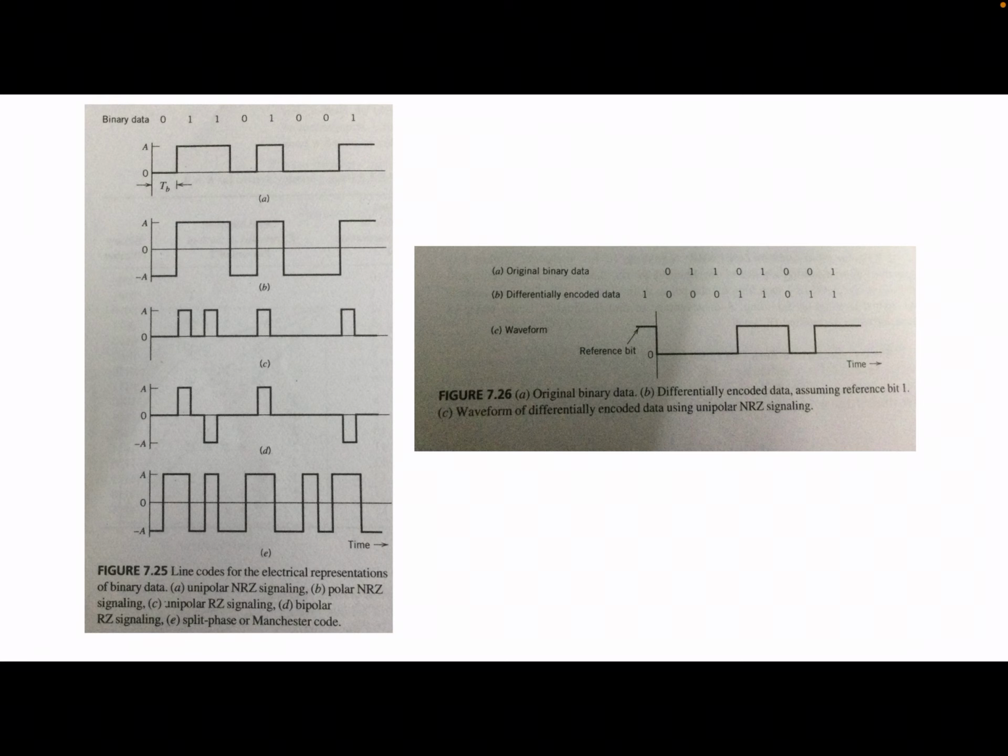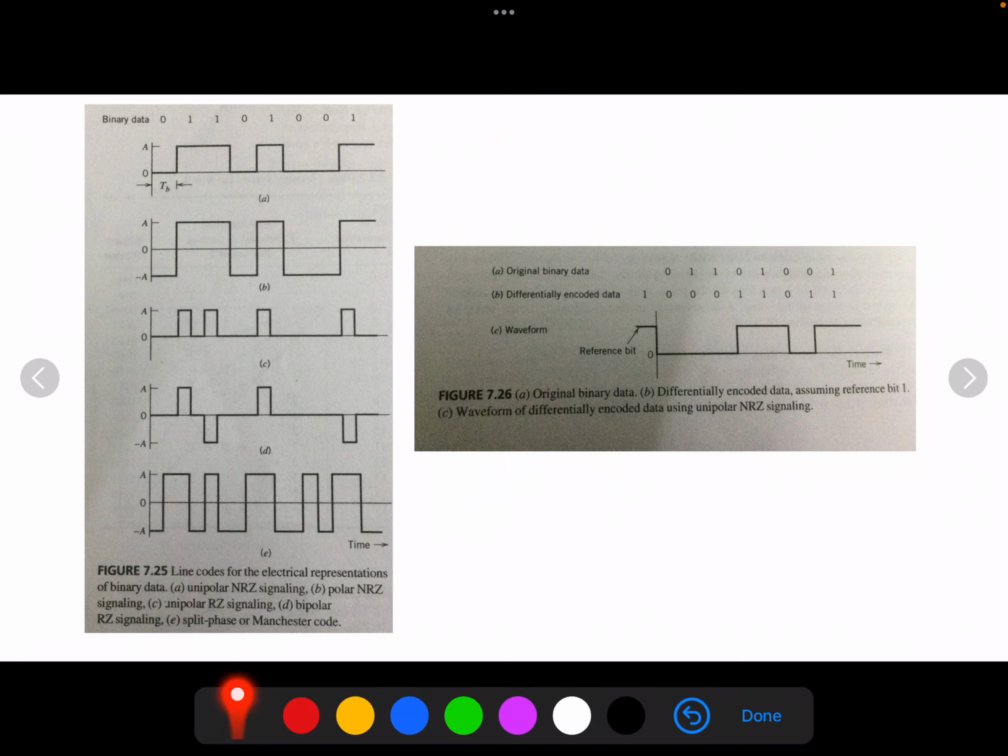Transition is used to designate a symbol 0 in the incoming stream, while there is no transition to describe symbol 1. Means whenever there is a transition from 0 to 1, there is no change. Whenever there is a transition from 1 to 0, there is a difference.